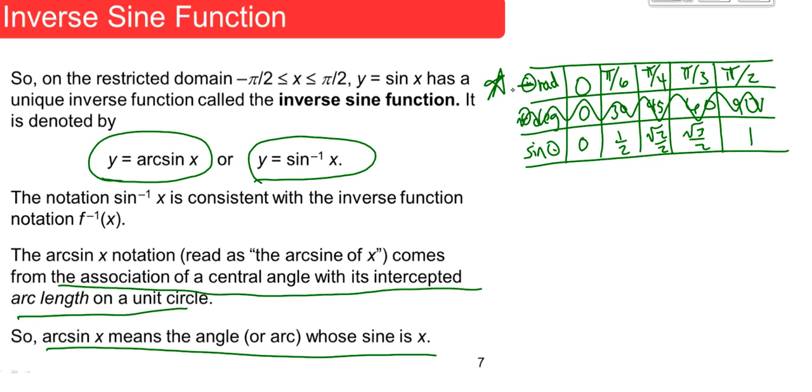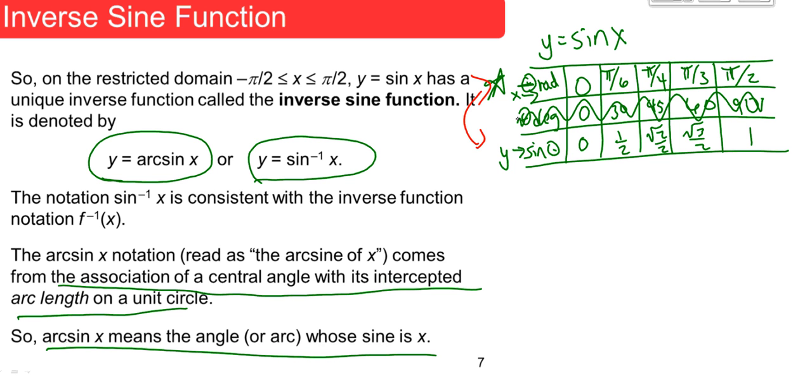So if we were looking at y equals sine theta, or I'll call it x, y equals sine x, then these would be the x values and these would be the y values. But now we're going to interchange those two.